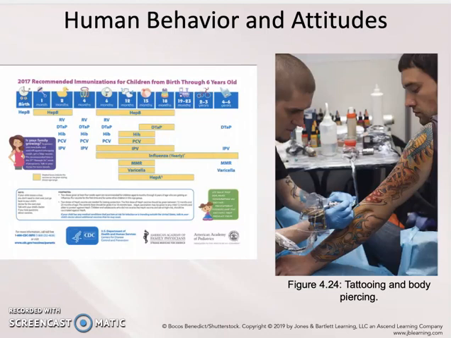The worst HIV outbreak in the United States since the 1980s happened in a small rural town in Indiana in 2015. Individuals were injecting opioid painkillers, known as oxymorphone, illegally and without a prescription.